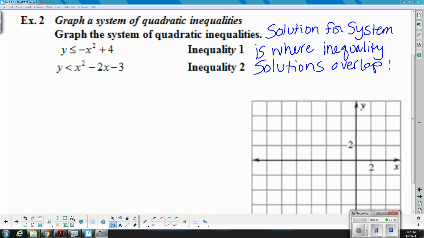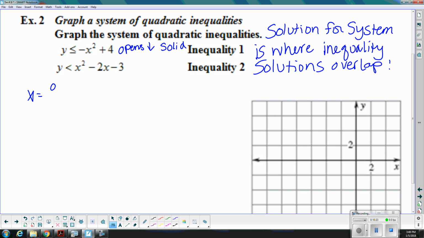So we'll do this first one together. So in the first inequality, you know that it opens down. And you're going to use a solid line. So first, let's find the axis of symmetry. Negative b over 2a.